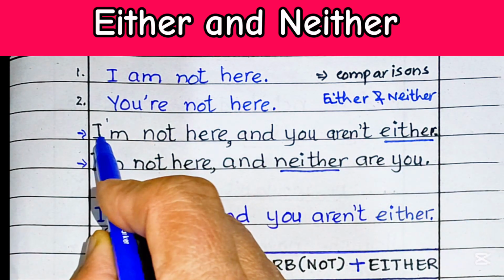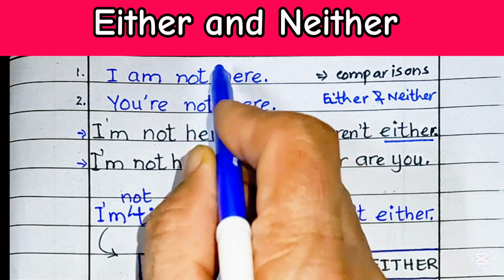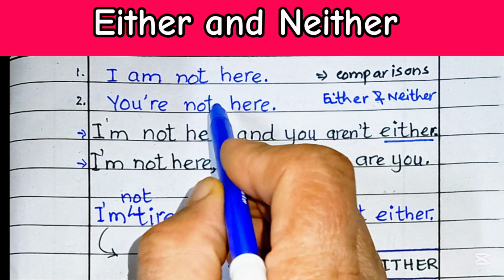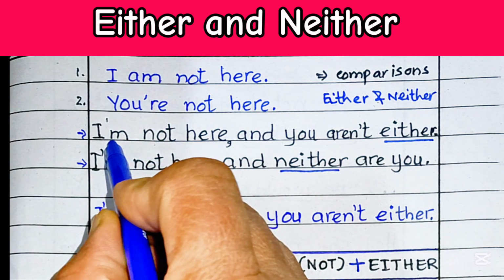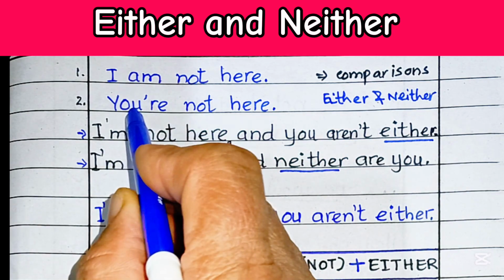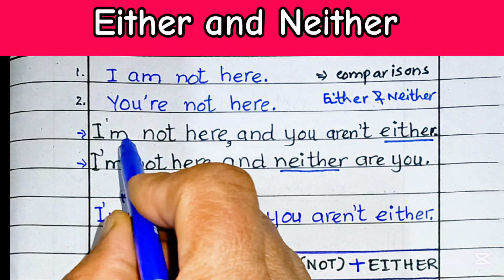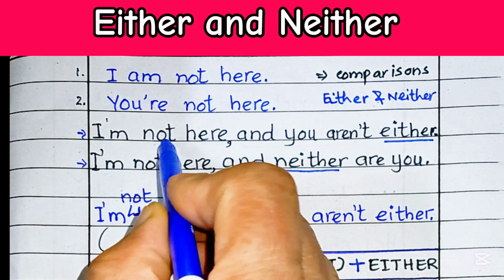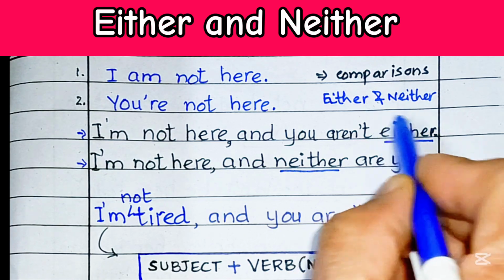So initially it was I am not here, you are not here. Same negative experience by two people. But once the same experience is expressed in one single sentence, I'm not here and you aren't either. So we have put either at the end.